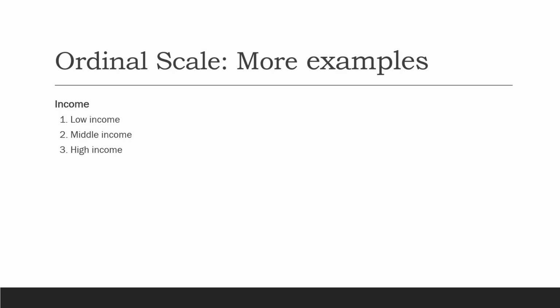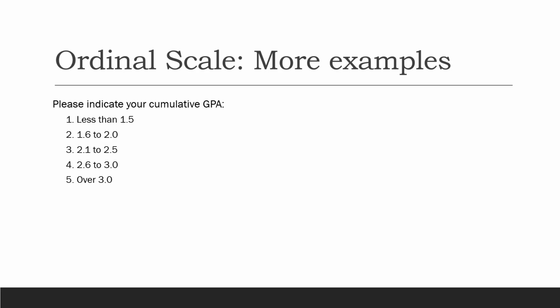Code 2 implies the concept of more income than code 1, and code 3 represents the highest income in this response category. So if you go back to the nominal scale, there is no such thing as parallel comparison among response categories.